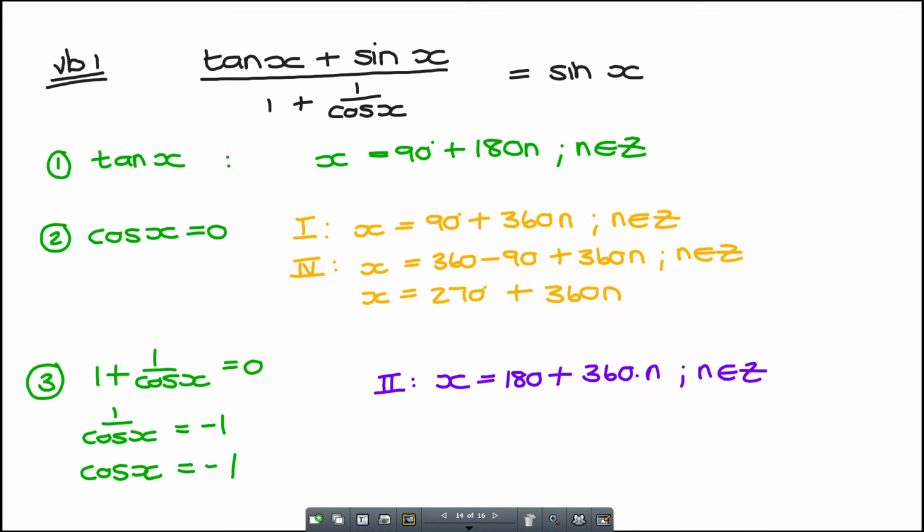Okay, dan is hy ook negatief in die derde kwadrant. And in the third quadrant, it would be 180 plus 0. Maar dit gaan nog steeds net vir my gee 180 plus 360 n. Okay, so eintlik hoef jy net een van daai toekies te gaan skryf.